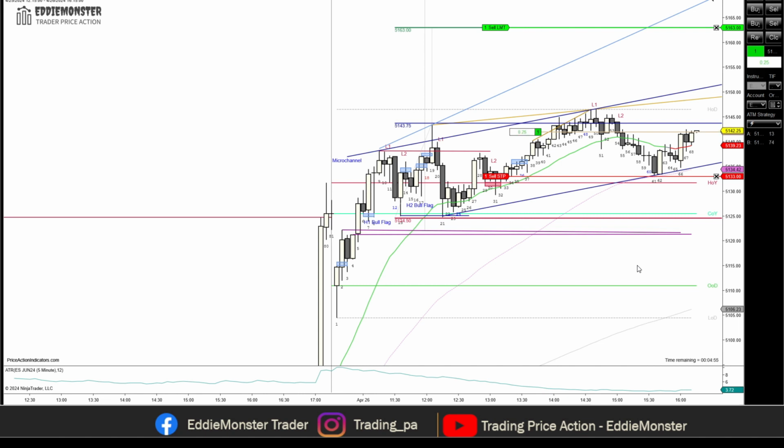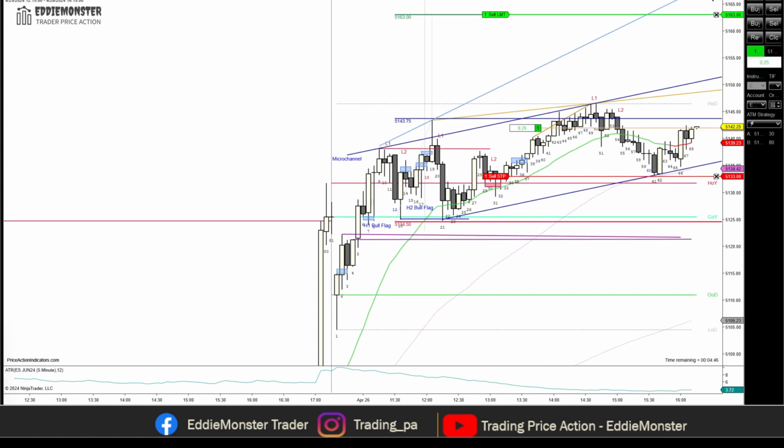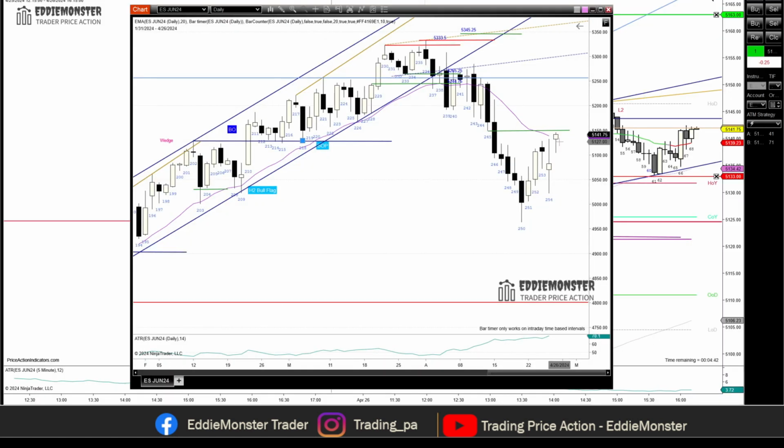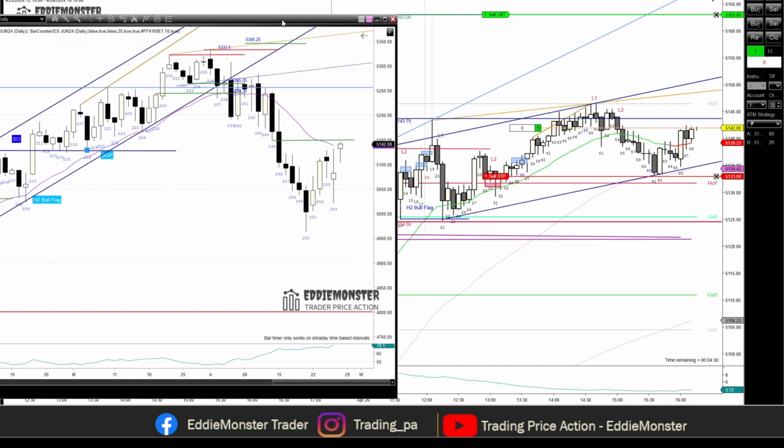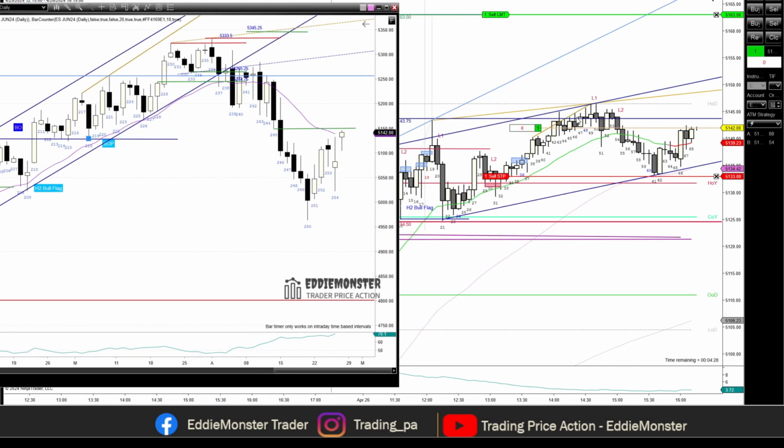You can also think that this resistance here is due to the daily chart moving average test. Right, as we were here, it's normal to get sellers here at the moving average, right? So then we can have this kind of price action when we're failing.